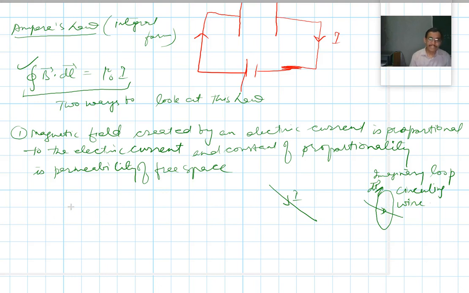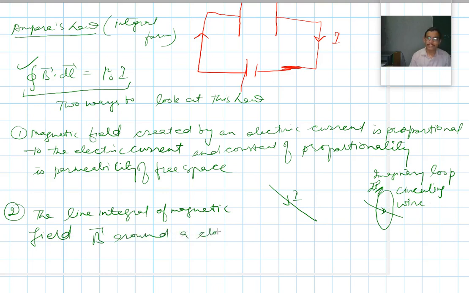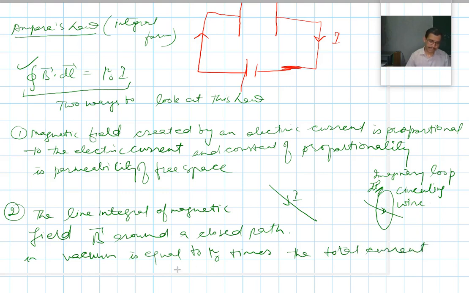So the second way to look at it: the line integral of magnetic field B around a closed path in vacuum is equal to mu naught times the total current I passing through the surface.